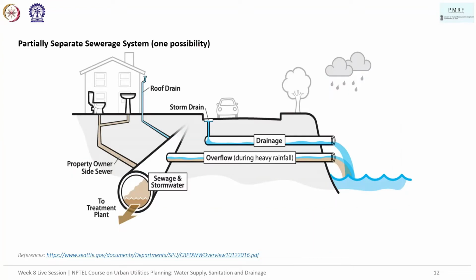Right. So when it is a partially separate sewerage system, this is only one option. This is not necessarily the system that is always there. One option is you have the sewerage and sullage coming in to the sewer system, and one part of precipitation. So here we are actually seeing how the roof drains are all connected to this.